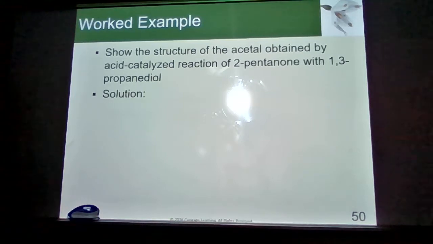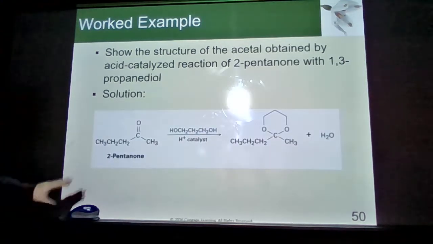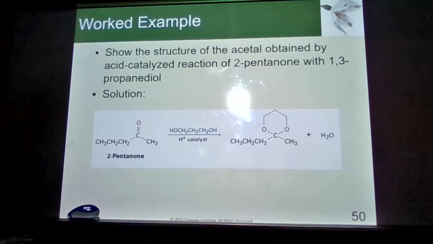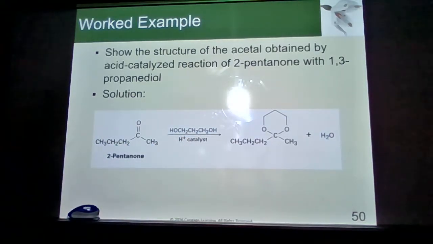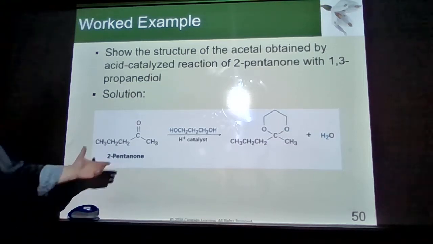So how can we change 2-pentanone with 1,3-propane diol? Here we have 2-pentanone. We're reacting it with a 3-carbon containing diol, 1,3-propane diol. So here's 2-pentanone.